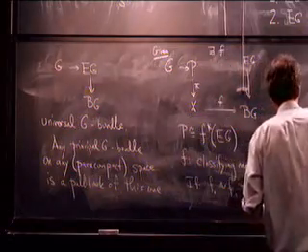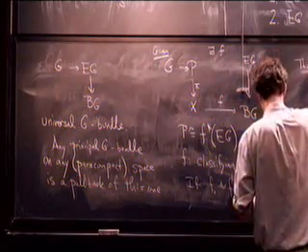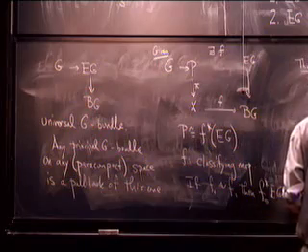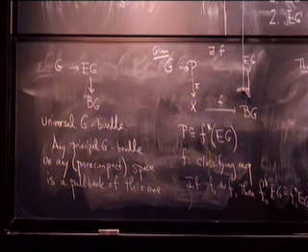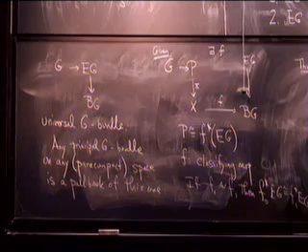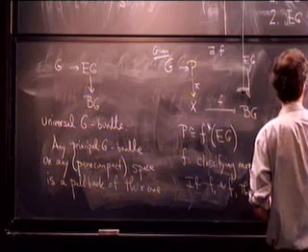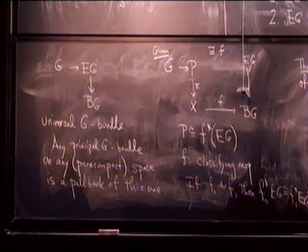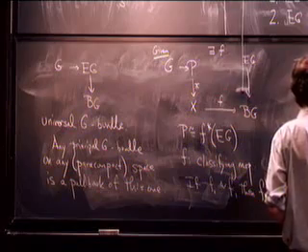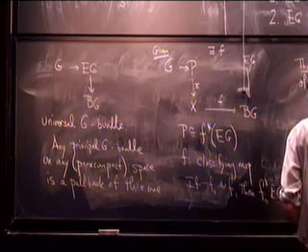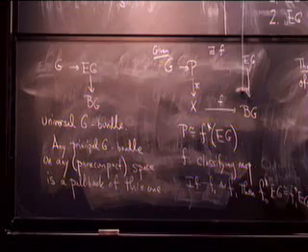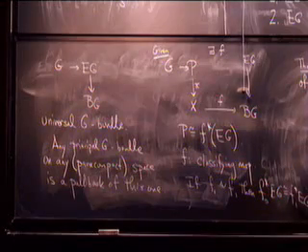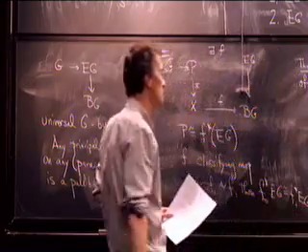And so we have the theorem: the set of isomorphism classes of principal G bundles on X is in one-to-one correspondence with the free homotopy classes of X into this magical space BG.